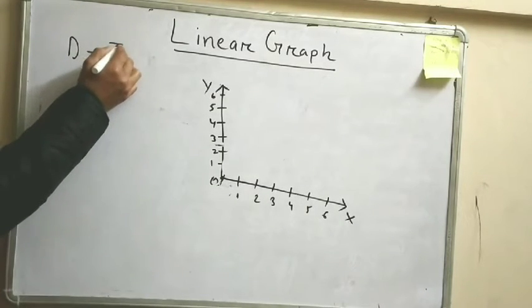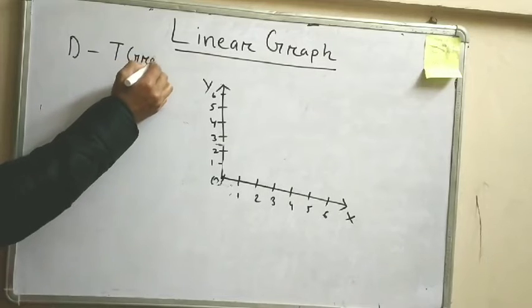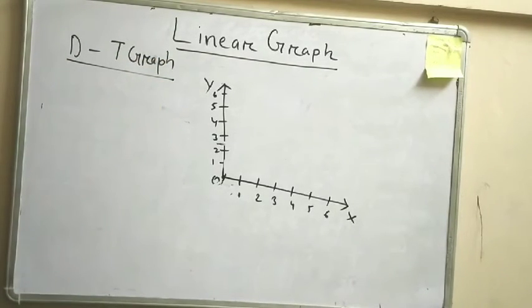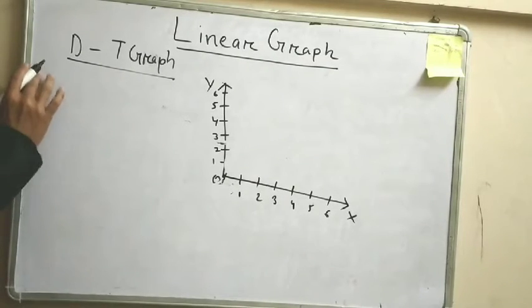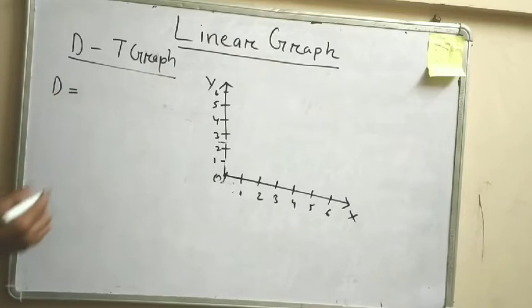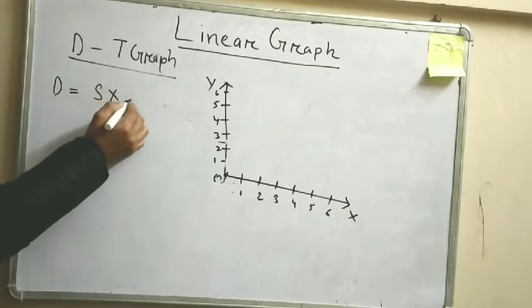Distance and time graph. Students, we know that distance is always equal to speed multiplied by time.